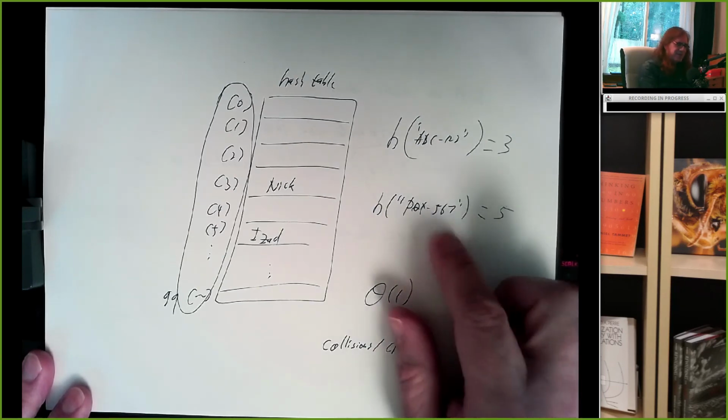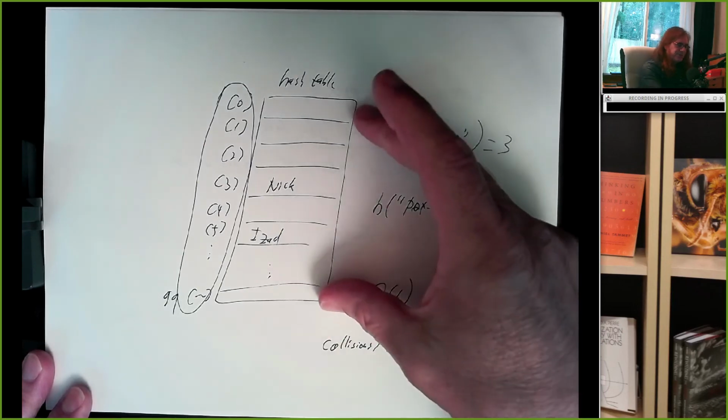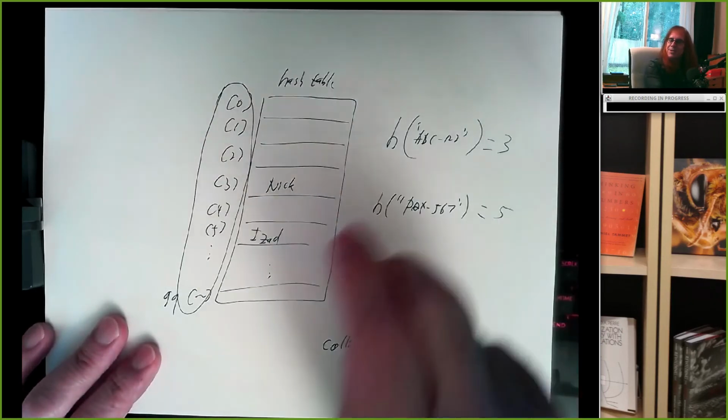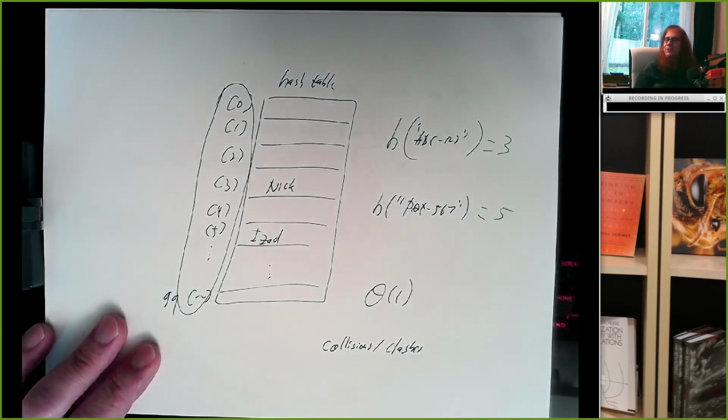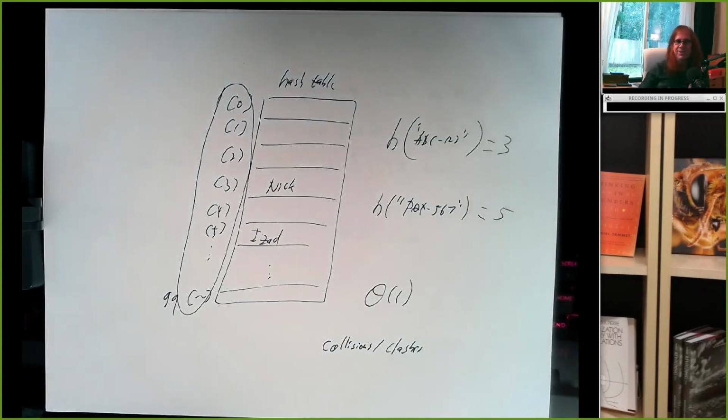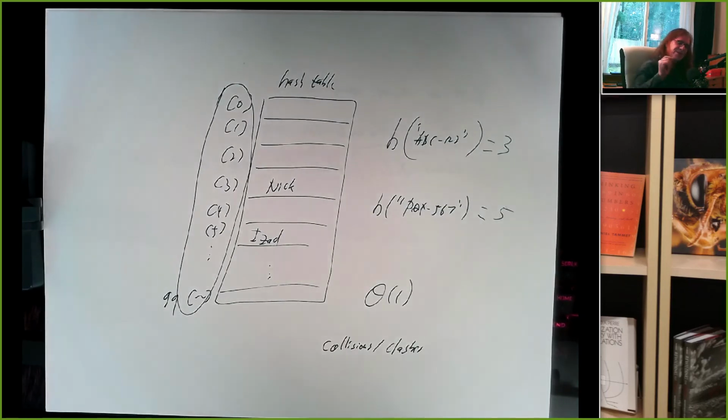In fact, if my hash function always returns something from 0 to 99, if I have more than 100 license plates, I'm guaranteed I'm going to have a conflict. There's going to be at least 2 license plates that hash the same thing. If you've done 215, it's the pigeonhole principle. Right, so we will have collisions, but theoretically, this is order 1.